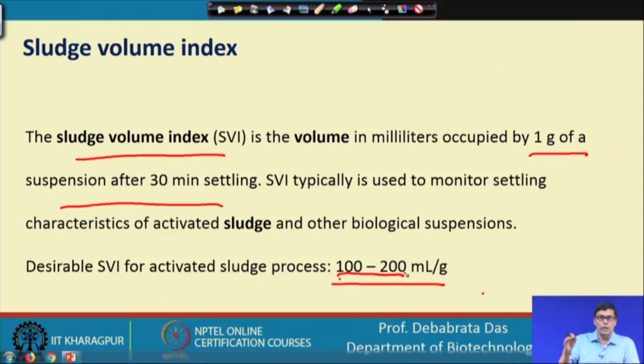If it is more, it is not good settling sludge. If it is less, then it settles very fast, which is also not desirable. So our activated sludge should have this settling characteristic, a sludge volume index of 100 to 200.